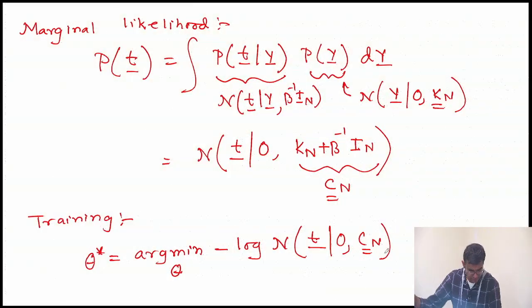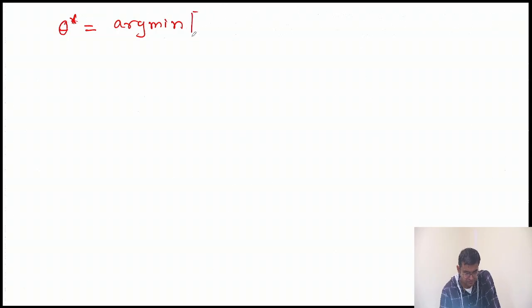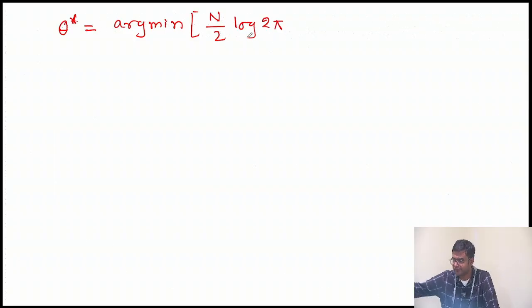Okay, so anyways, this was nothing new. When we open this log, what do we get? Theta star is equal to arg min. I will get 3 terms: n by 2 log 2 pi, the useless term, useless because it is not a function of theta, so I will ignore it.